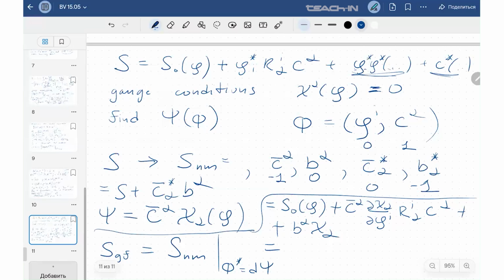And I hope you recognize what is the meaning of this action. It's very simple, because our B alpha are bosonic variables, so they come multiplied by gauge conditions chi alpha.